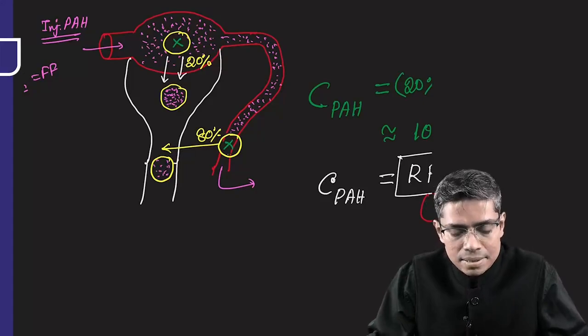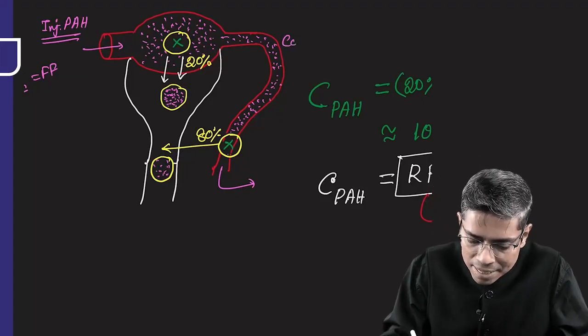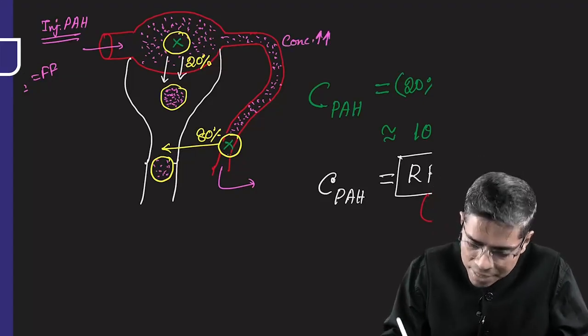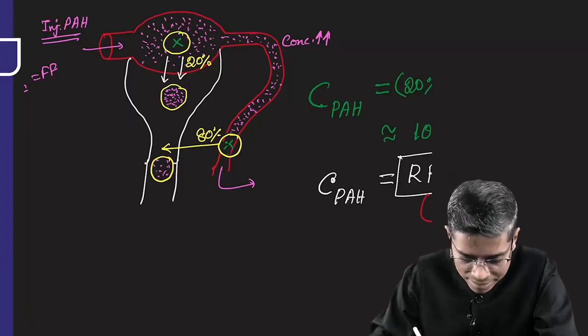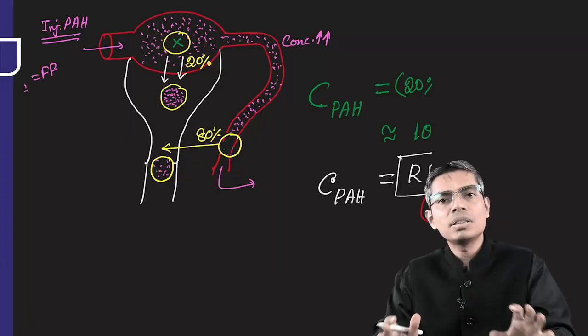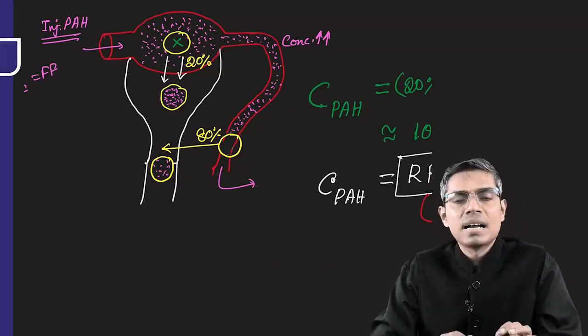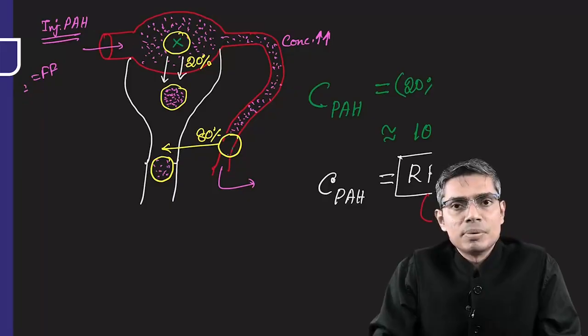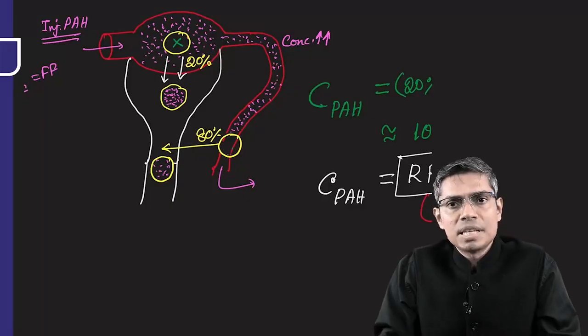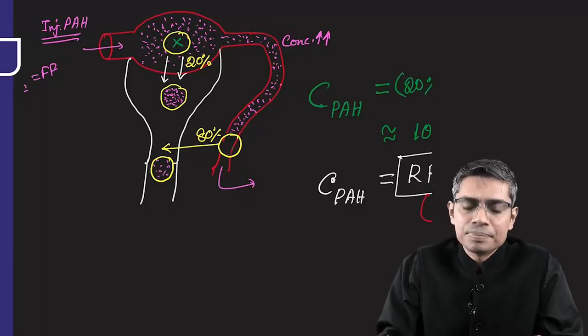In these cases, because the PAH concentration is very, very high at the level of the peritubular capillary, do you think all this PAH will be secreted at the level of the proximal convoluted tubule when the concentration of PAH is very, very high? Answer is no. Why no?